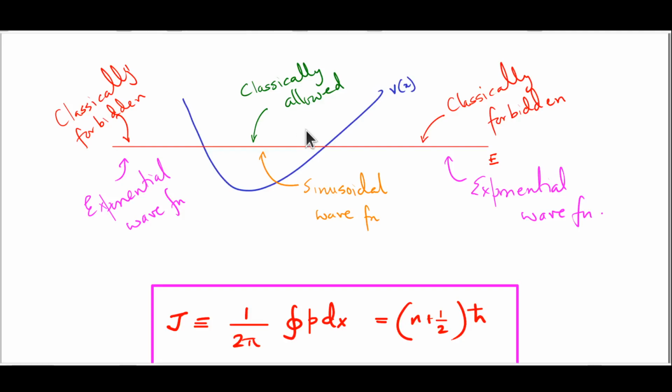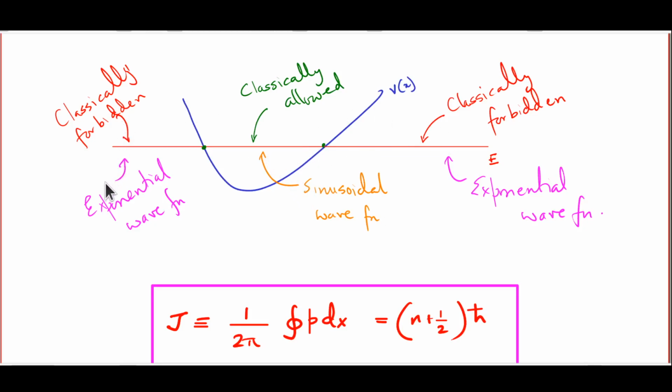So to summarize, in a scenario like this, where the energy is represented by this horizontal red line and the potential energy by this blue curve here, you have a classically allowed region between these two turning points, and beyond that you have classically forbidden regions on both sides.